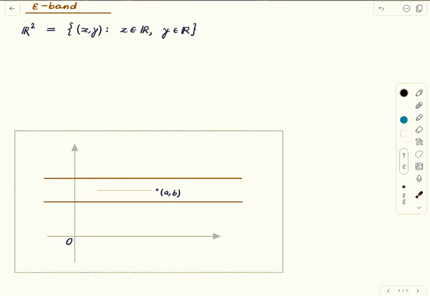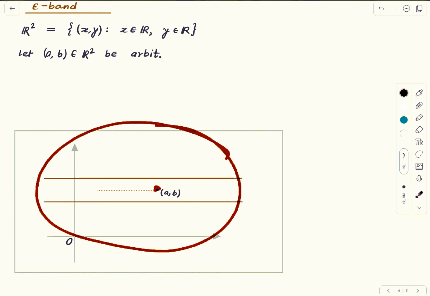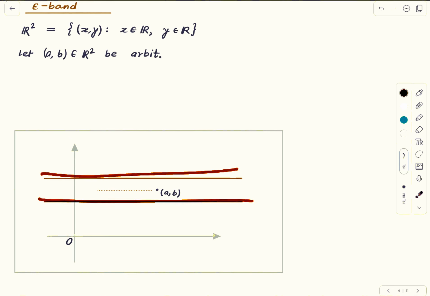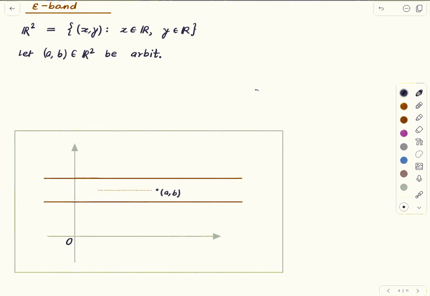Surely you're familiar with these notions from high school coordinate geometry. Now let (a, b) be a point in R2. So we have chosen an arbitrary point in R2, and here is your figure. Ignore these horizontal lines for the moment, and let epsilon be greater than 0.